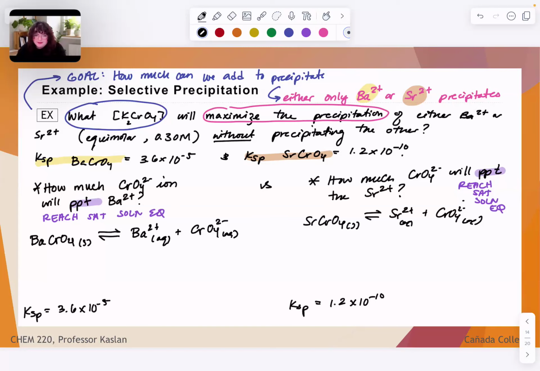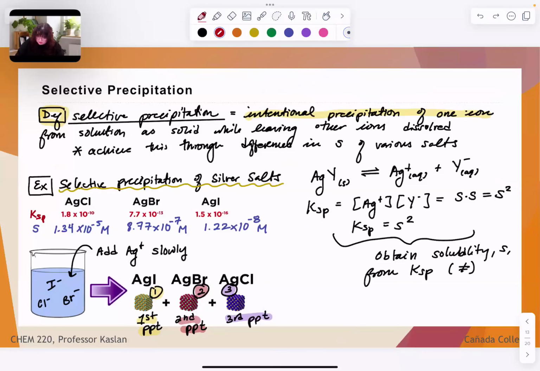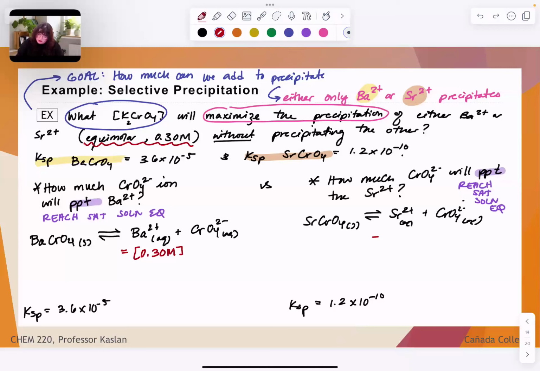Let's look at the problem to see if there's any other pertinent information. We were told the concentrations of the barium and the strontium in solution. The solution contains equal molarities of both cations, so the concentration of barium is 0.30 molar, as well as the concentration of strontium.